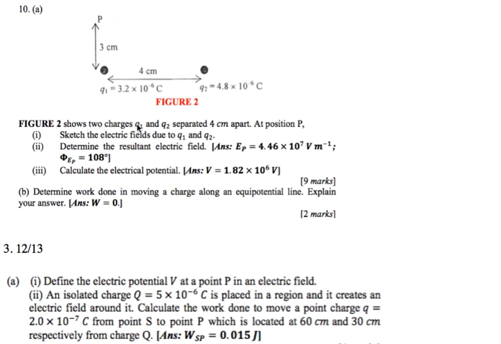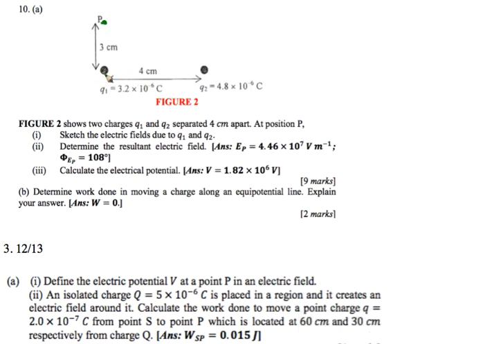The figure shows two charges, Q1 and Q2, separated by 4 cm, with a point P. Sketch the electric field. At the point P, you have two electric fields.